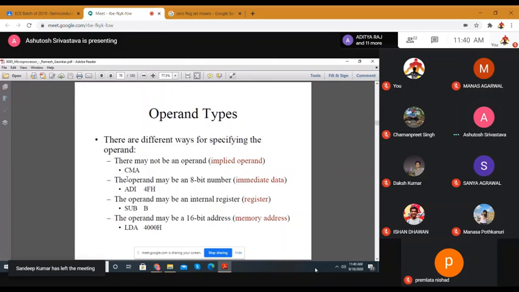Here you're not giving any kind of external data. You're just comparing with the already existing values within your accumulator.